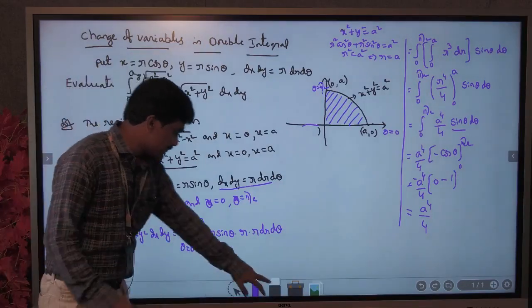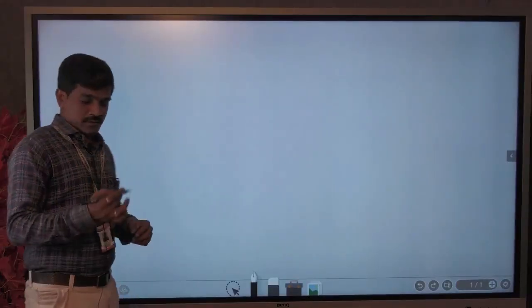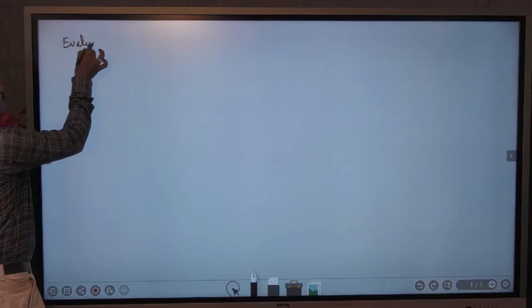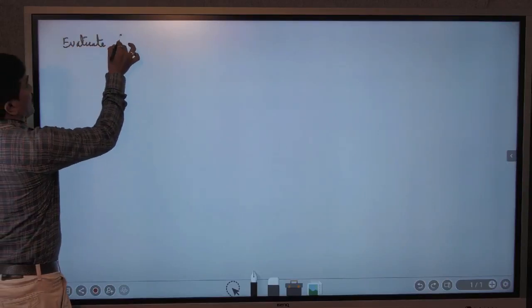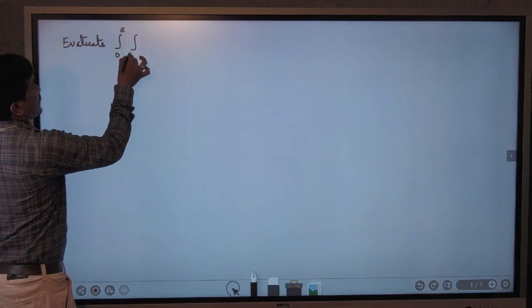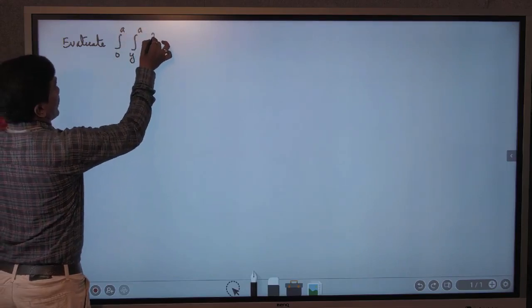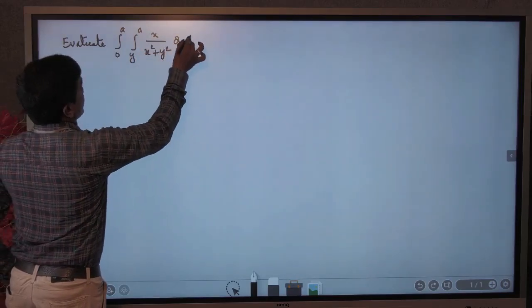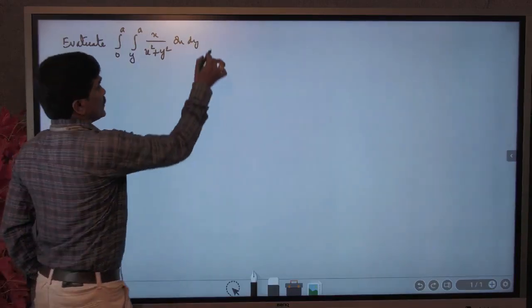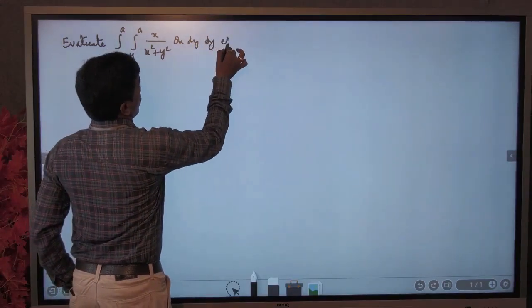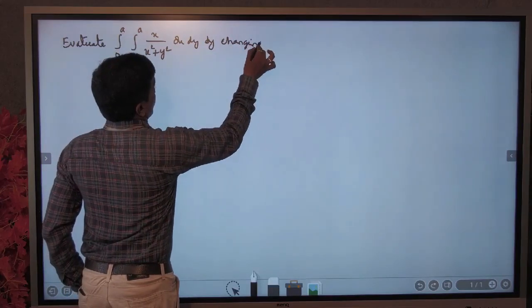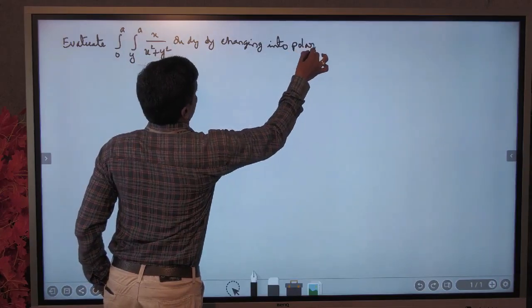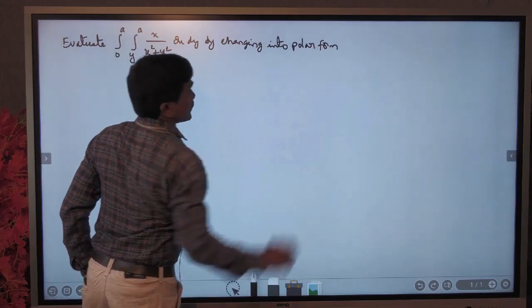So the next problem: evaluate the integral 0 to a, integral y to a, x by x square plus y square dx dy, by changing into polar form.